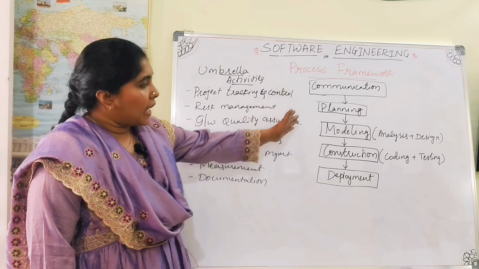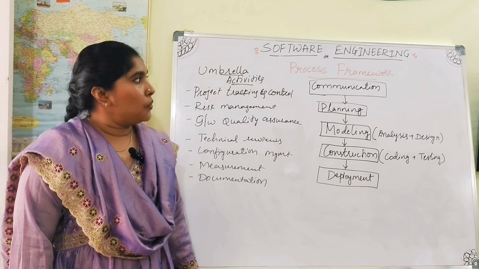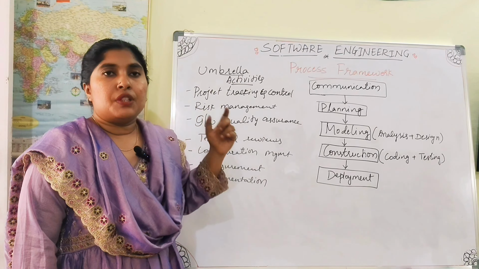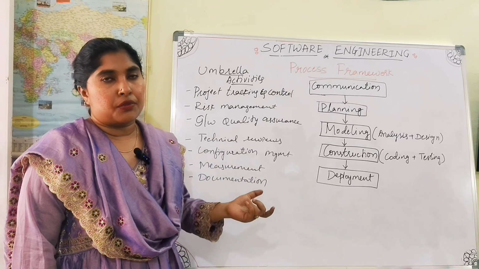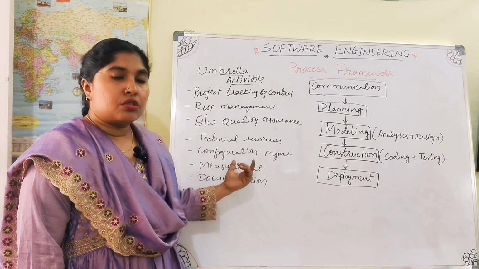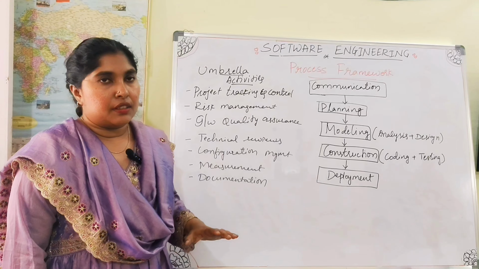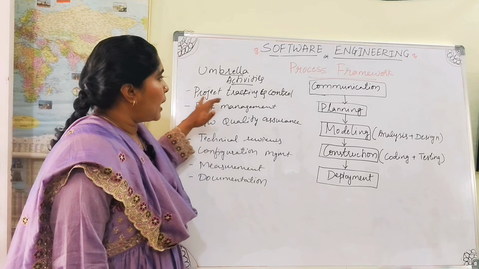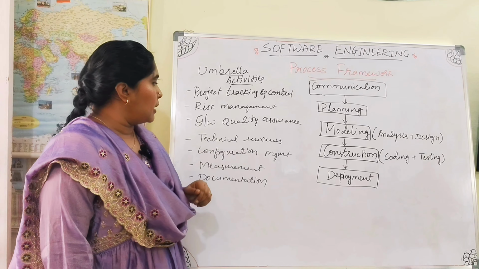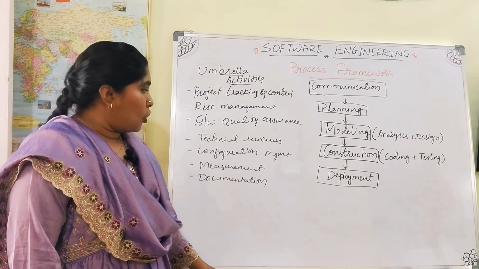Along with the five activities described in the process framework, you have something called umbrella activities, which ensure the quality of the software project and have to be carried out throughout the project, including in all activities. These are project tracking and control, risk management, software quality assurance, technical review, configuration management, measurement and documentation.